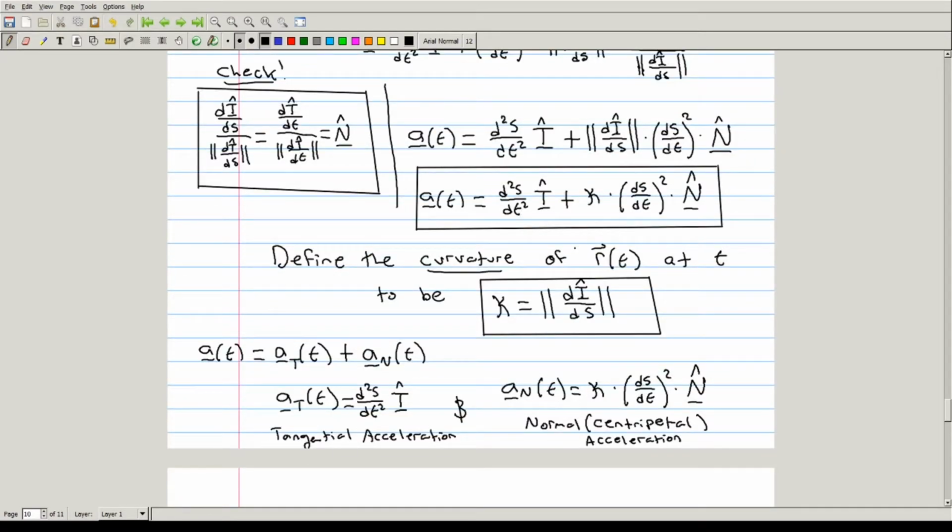What is the acceleration along that curve? Now, we can take our nice decomposition here.